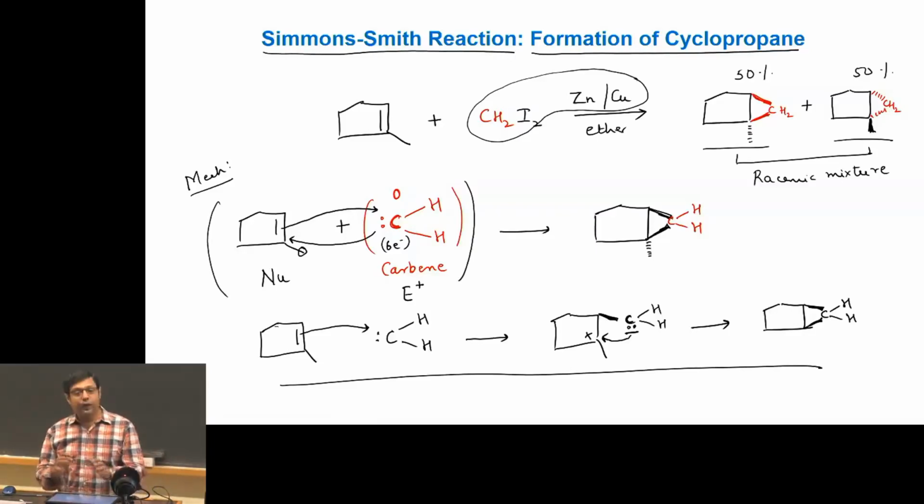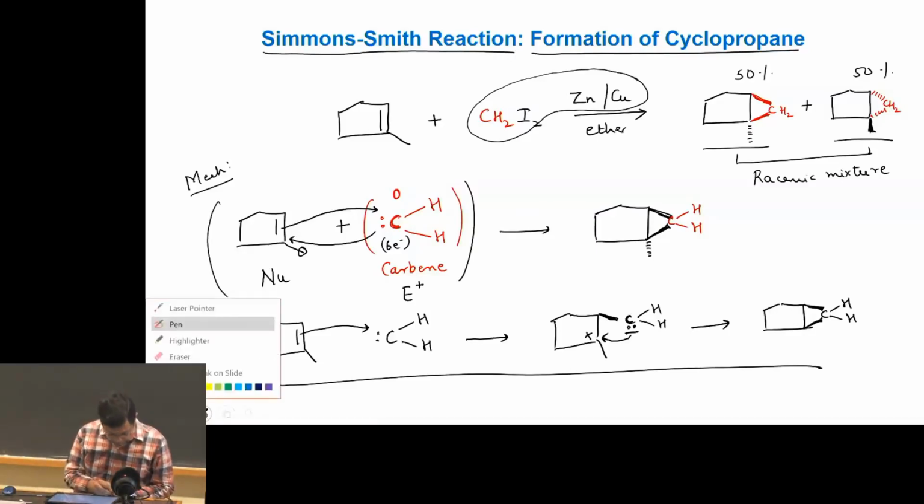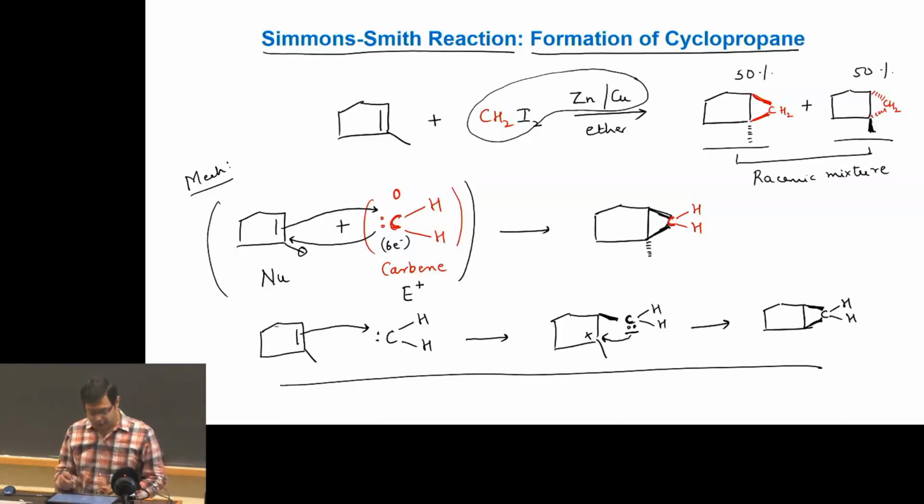Right? So if you take a look at this reaction, that additional carbon in the cyclopropane ring is coming from the diiodomethane in the reactant. So that CH2 is what is getting installed to form the cyclopropane ring. All right? So let's take some examples of the Simmons-Smith reaction. Let's say I start off with this molecule.